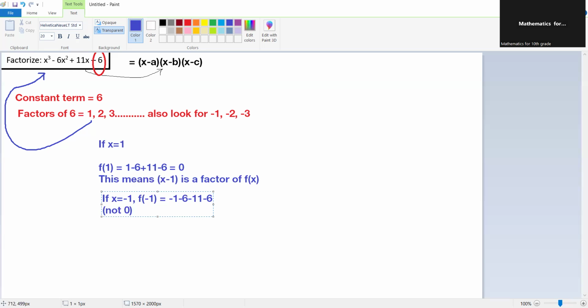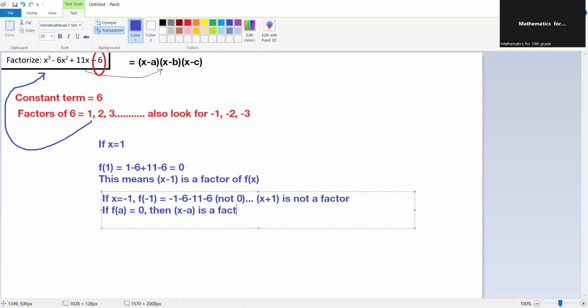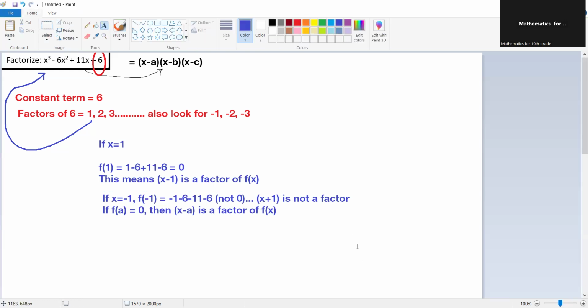Which means x plus 1 is not a factor. That's how it works. So if f of a is 0, then x minus a is a factor of f of x. So we look for a, and we got a, which is 1.